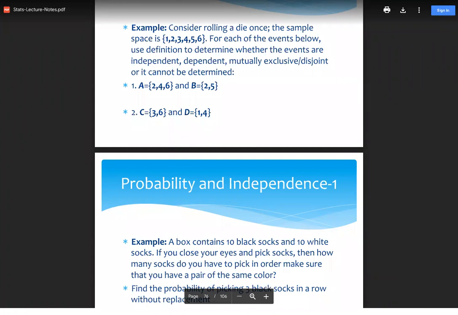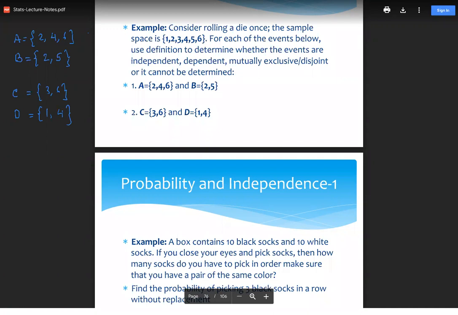My event A is 2, 4, 6, and event B is 2, 5. Okay, and event C is 3 and 6, and event D is 1 and 4.